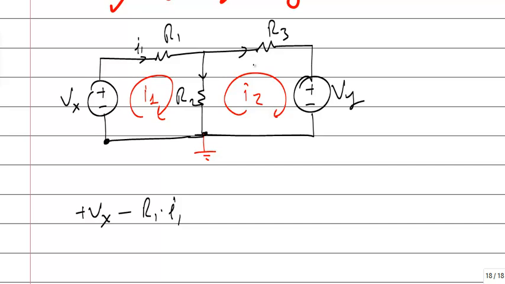What is this current? I2. I1 is in the same direction, I2 is in the opposite direction, so this is I1 minus I2. So what is the voltage drop on this resistor? Minus R2 (I1 minus I2) is 0.